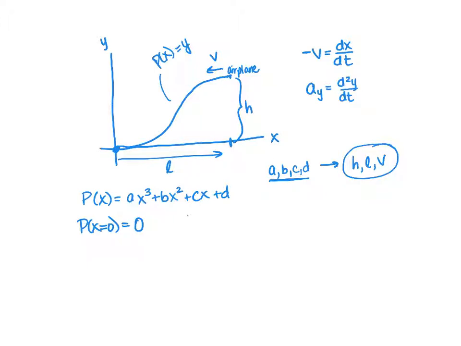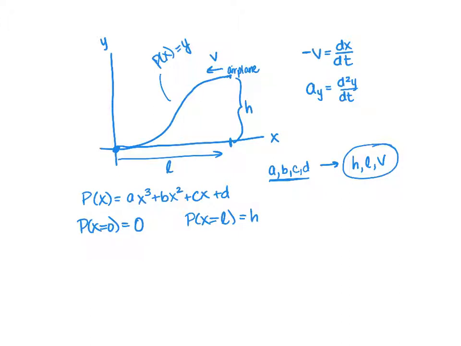And the other thing that we know is that when X is equal to L, the Y value is H. So we're going to use these two conditions to try to figure out what some of these constants are.